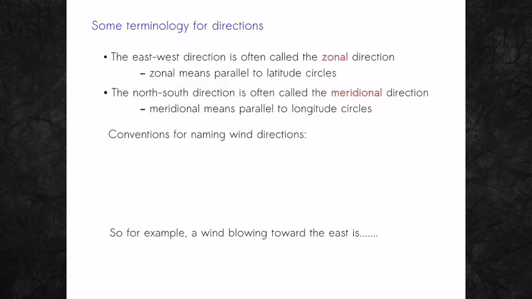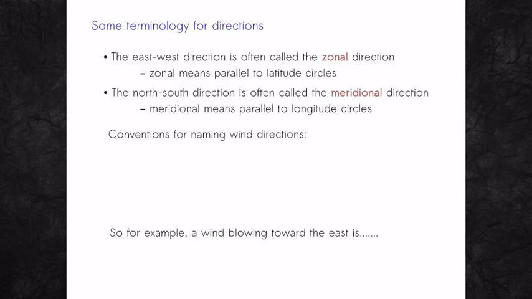But when we're describing winds, we actually do it the opposite. We talk about the direction that the wind is coming from. The reason we do that is that if we're standing at some point on the Earth's surface, the air mass that's coming towards us is the air mass that we're going to see at some point in the future. We're going to start to see properties of that air mass coming towards us and coming over us.